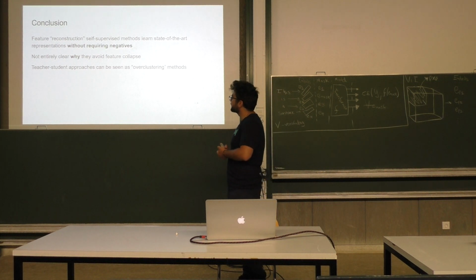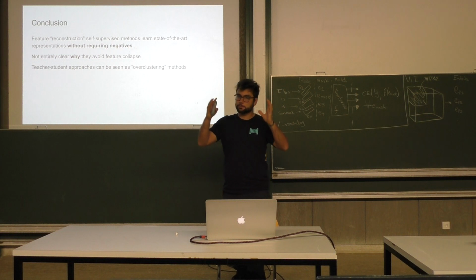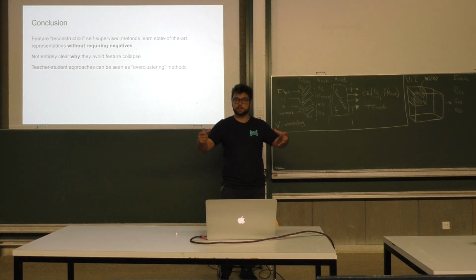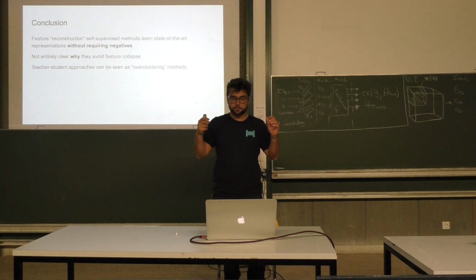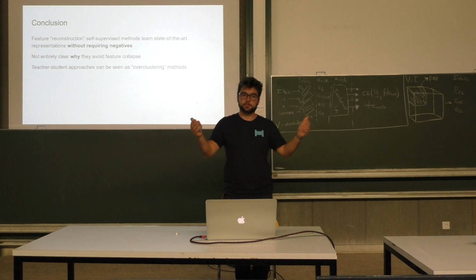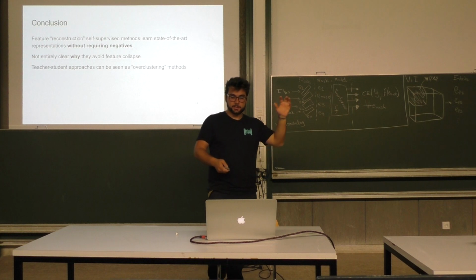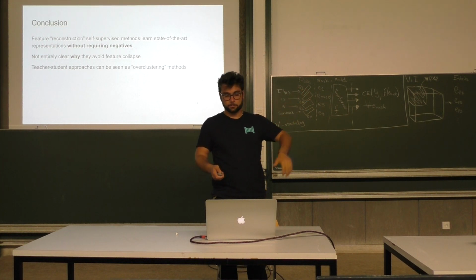So the conclusion here is that without explicitly requiring big batch sizes and negative samples, we can train by reconstructing the features from the teacher model, which is the exponential moving average, and learn much better representations than SimCLR.